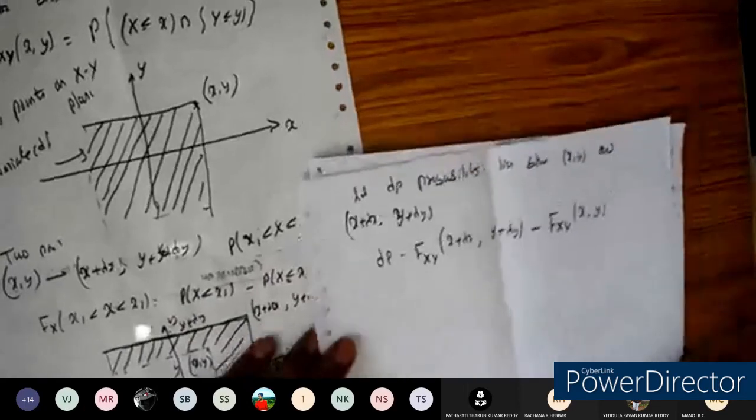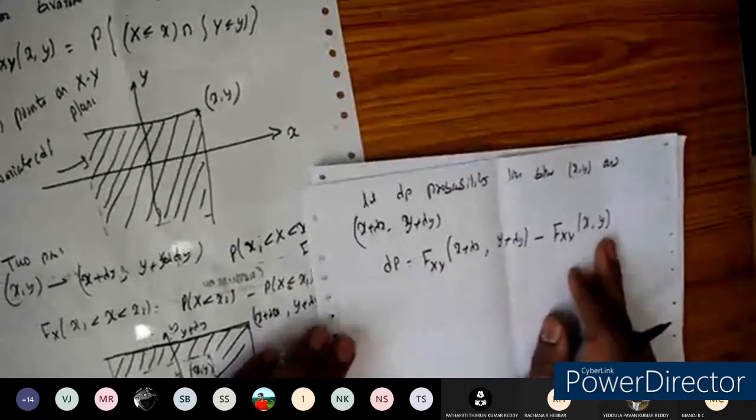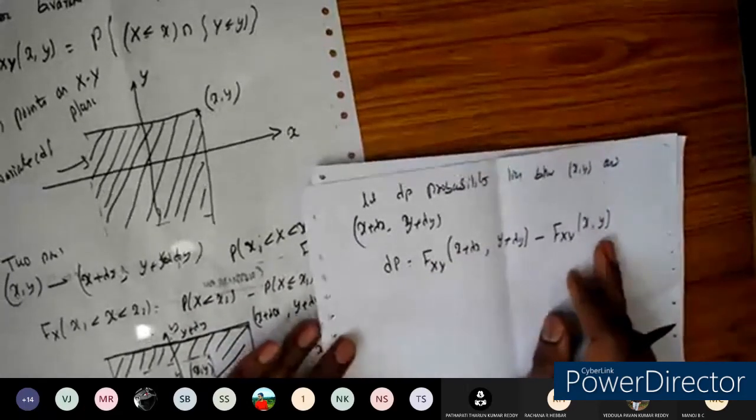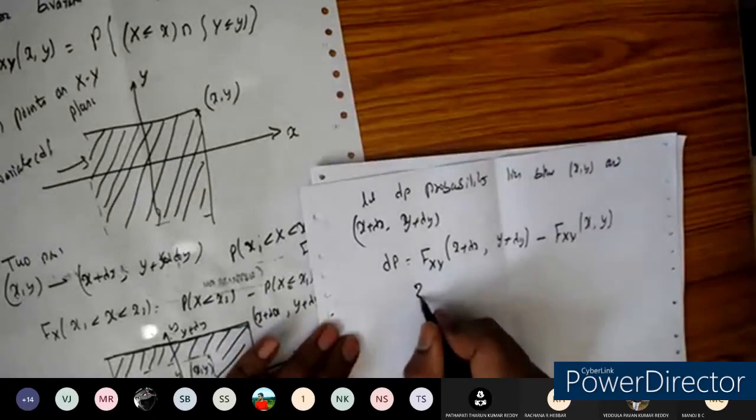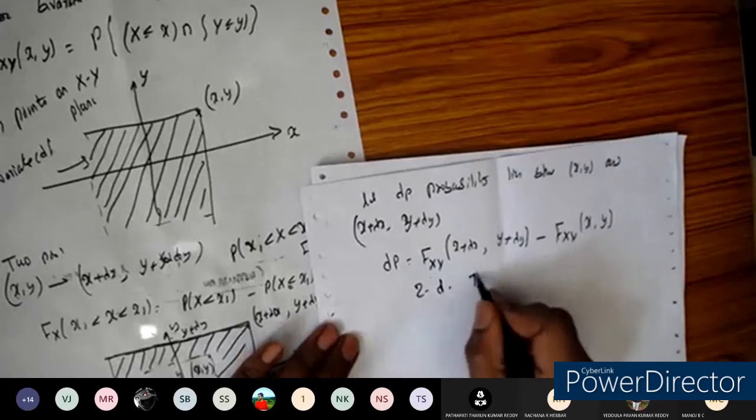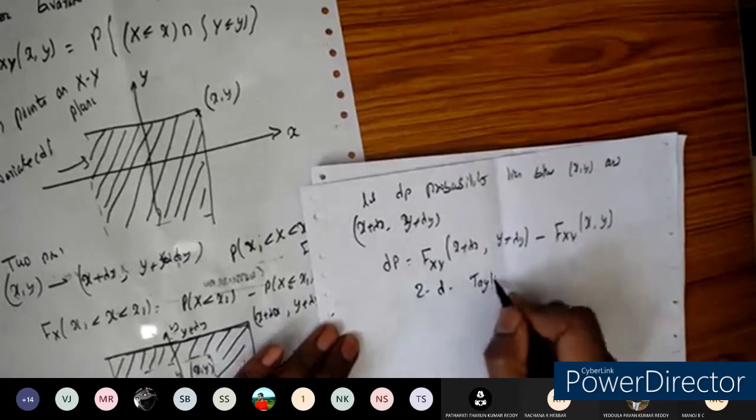And also this expression can be explained by using the two-dimensional Taylor series, which in mathematics you have come across.